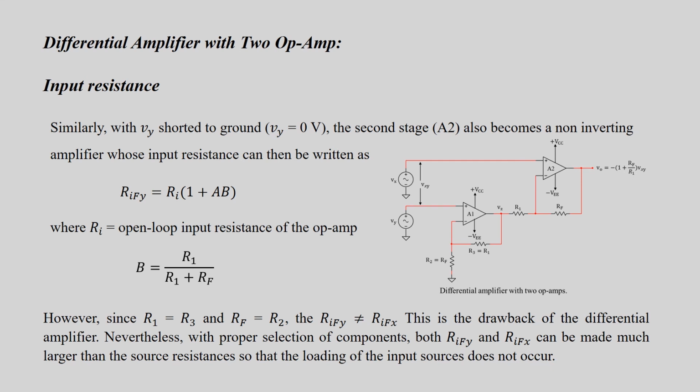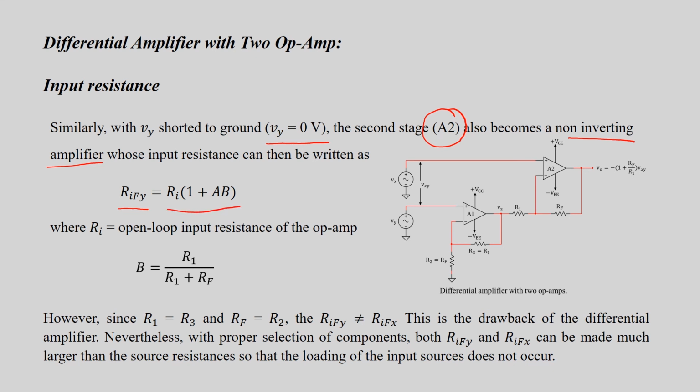Similarly, with Vy shorted to ground, Vy equal to 0 volt, the second stage A2 also becomes a non-inverting amplifier whose input resistance will be RIFY equal to RI into 1 plus AB.